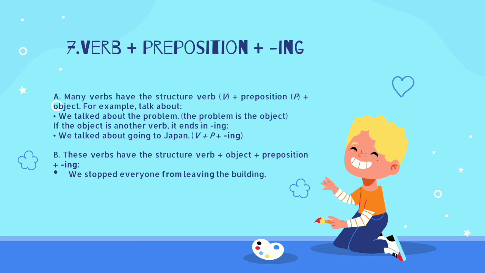We talk about going to Japan. Verb plus preposition plus -ing. B. These verbs have the structure verb plus object plus preposition plus -ing. Example, we stopped everyone from leaving the building.